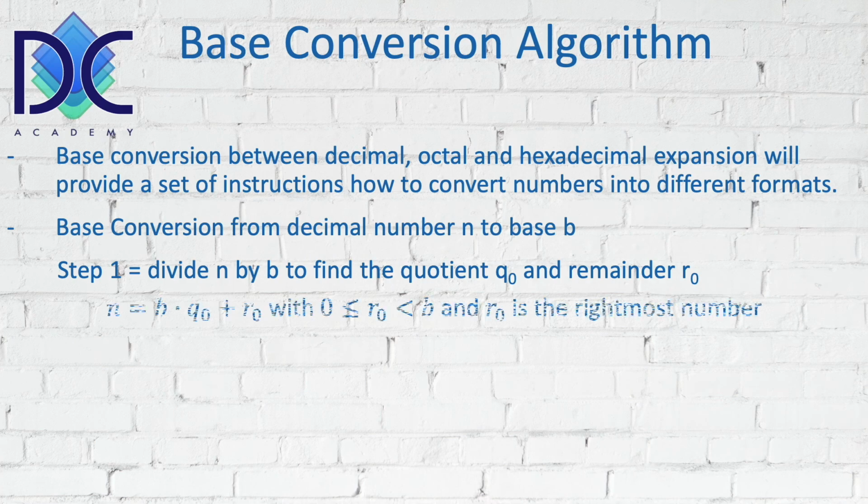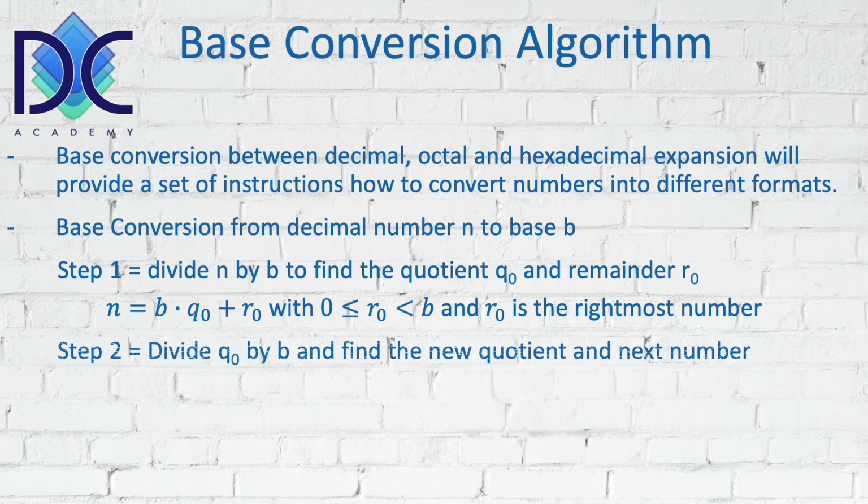So the rightmost digit is r0. We can say that n is b times q0 plus r0, where r0 is between 0 and b. Then we go to step 2.